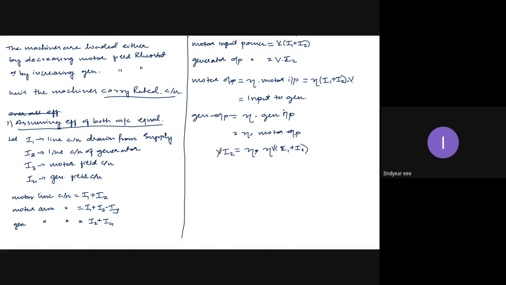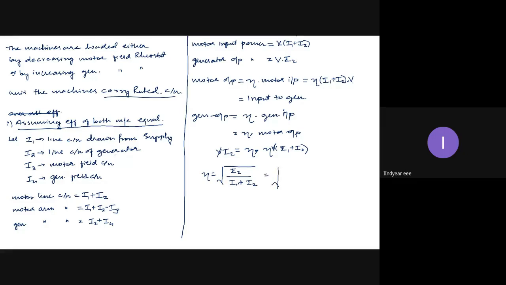So V and V will cancel here. Therefore, efficiency equals under root of I2 divided by I1 plus I2.